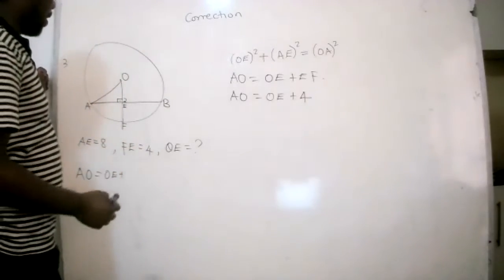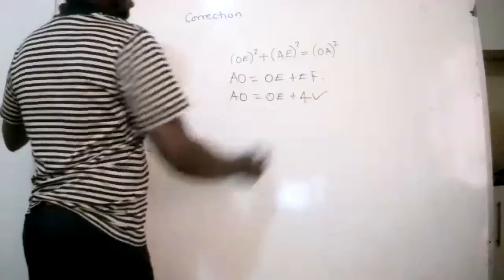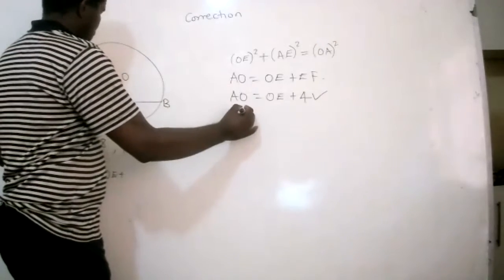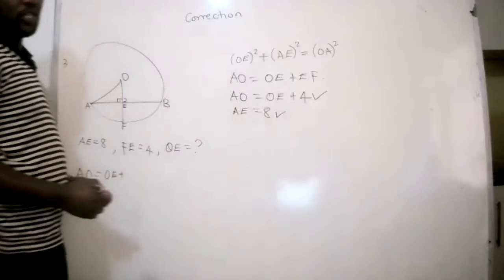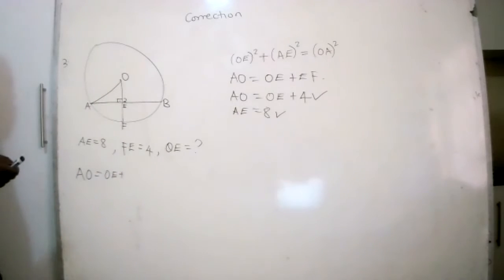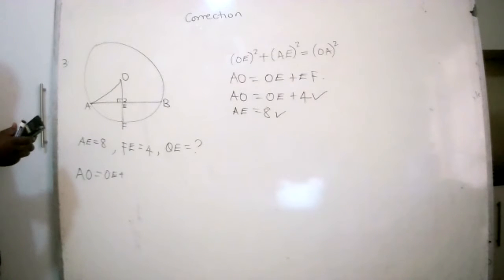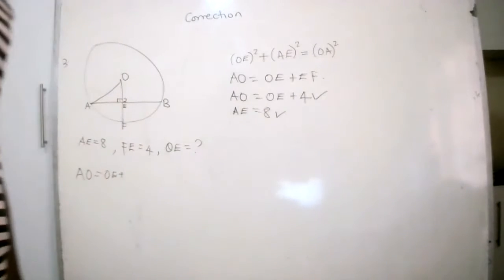The next step is to substitute this information and the other information, AE equal to 8, into the Pythagoras theorem. Once you substitute that, you will be able to see what is happening here.